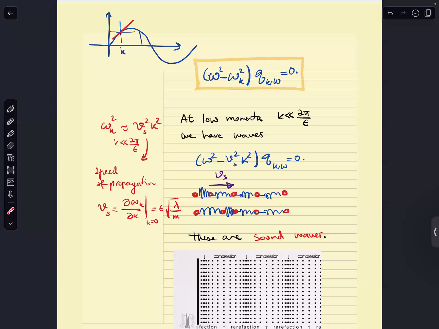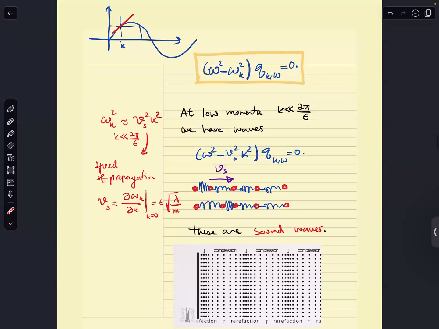If this were in higher dimensions, I would be writing k vectors, right? And then v would be a vector. This velocity would be a vector. Here in one dimension, I didn't bother to view it as a vector, but of course it has a sign, which tells you about the direction of propagation. I see. Okay. Thank you.